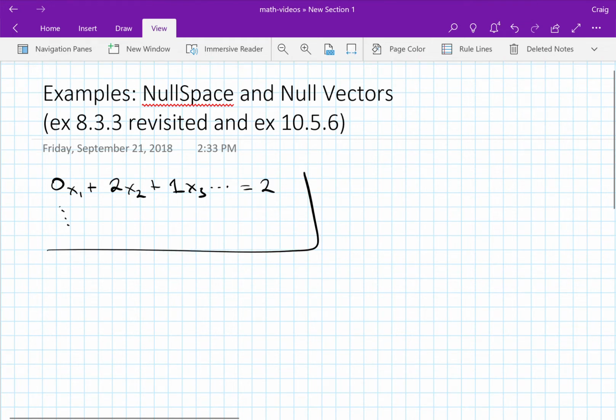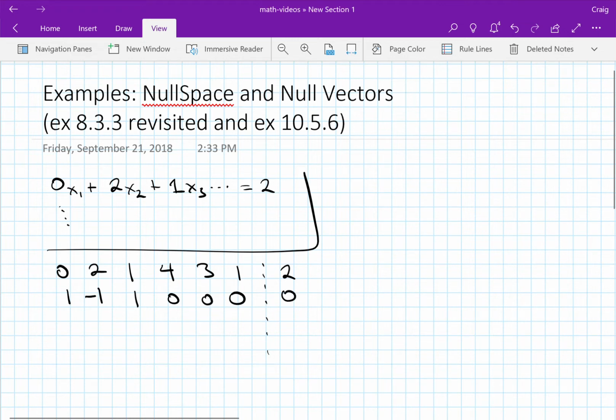If we write it in matrix form, the first equation was 0, 2, 1, 4, 3, 1, and then the auxiliary was 2 for the first equation, and we had a 1, minus 1, 1, 0, 0, 0, 0.